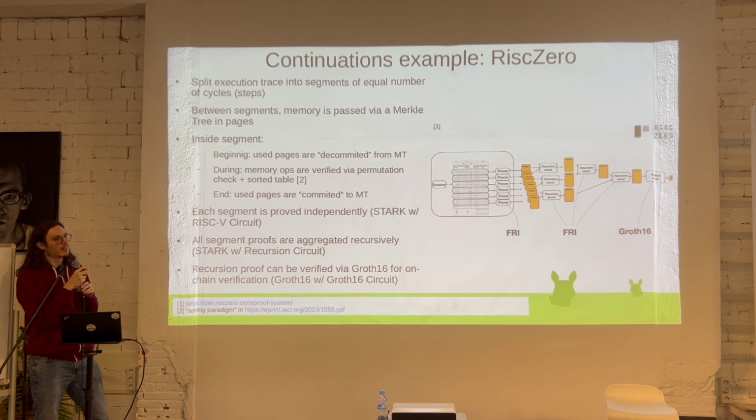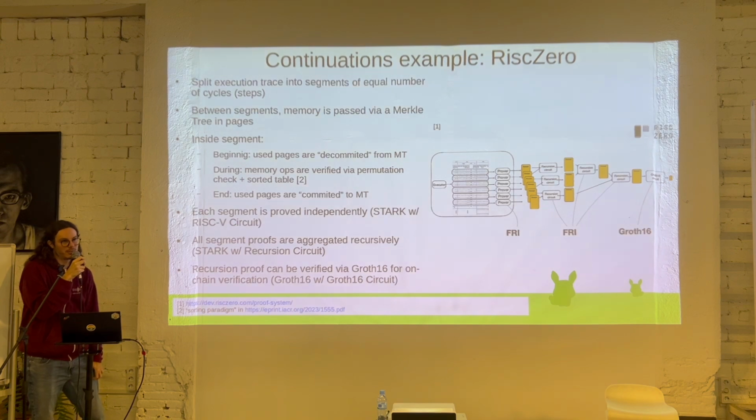So why can you prove independently things that are not, in essence, independent? It's the proof that is done independently, but not the execution. You do the execution trace linearly, and when you get the whole execution trace, you split it, and then you send it to different servers, and each one computes the proof.